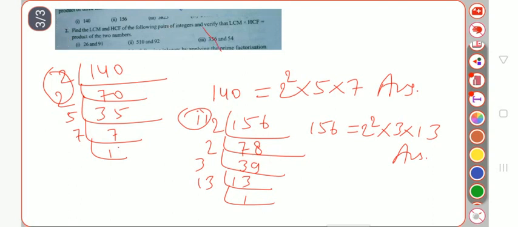Find the LCM and HCF of the following pairs of integers and verify that LCM into HCF equals the product of the two numbers. Okay, so we have to find LCM and HCF.